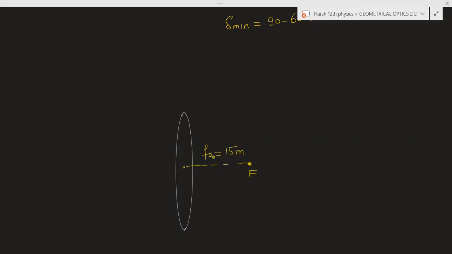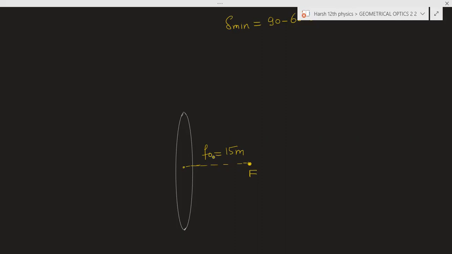After that, they are saying an eyepiece of focal length 1 meter. Our eye lens has the focal length of 1 centimeter.